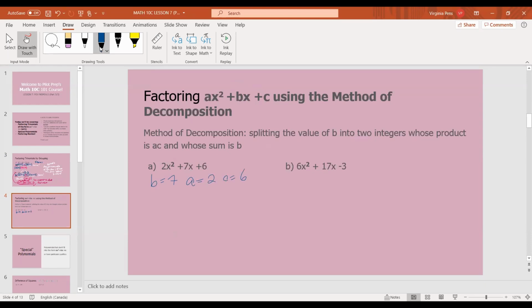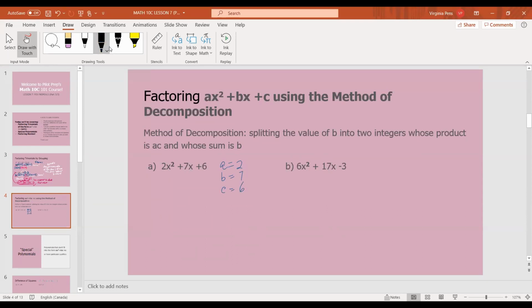So using the method of decomposition, what we want to do is split b into two integers. So let me erase this and rewrite it on the side. A is equal to 2, b is equal to 7, c is equal to 6.